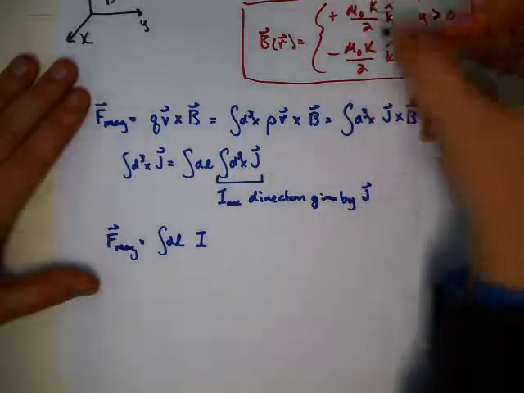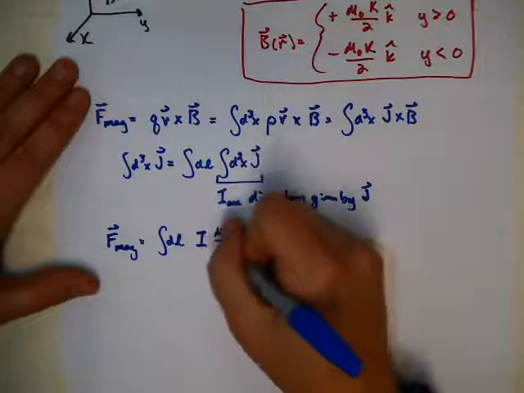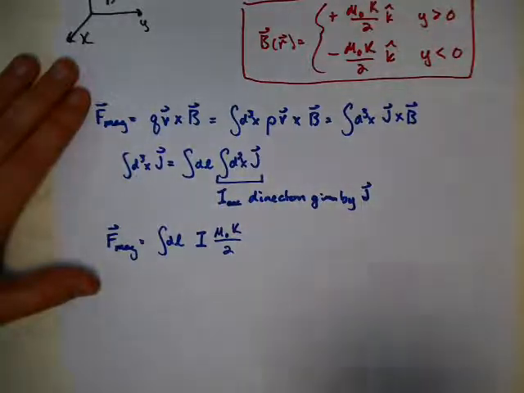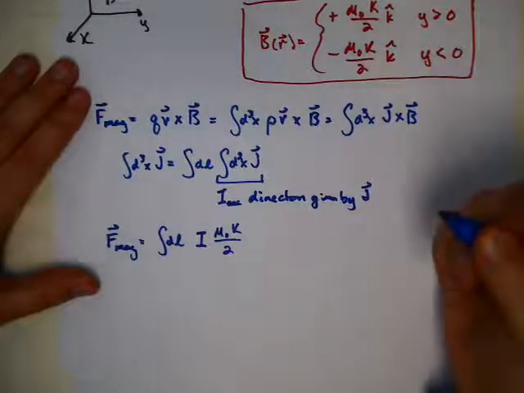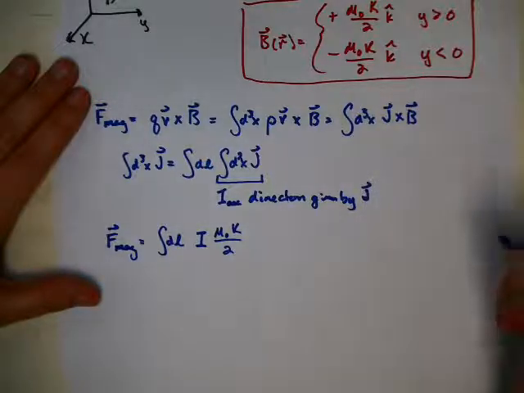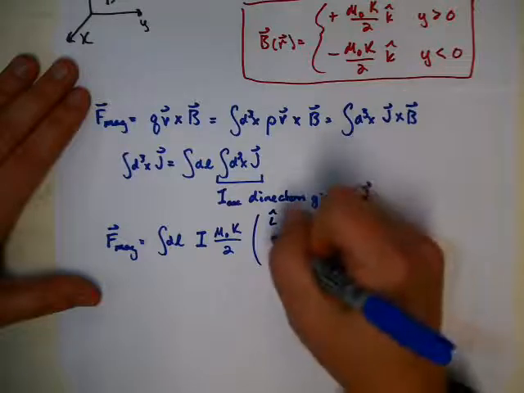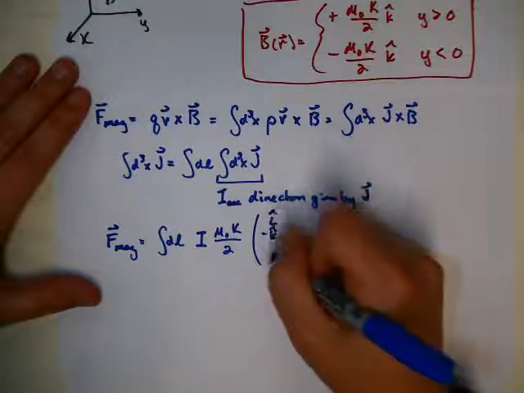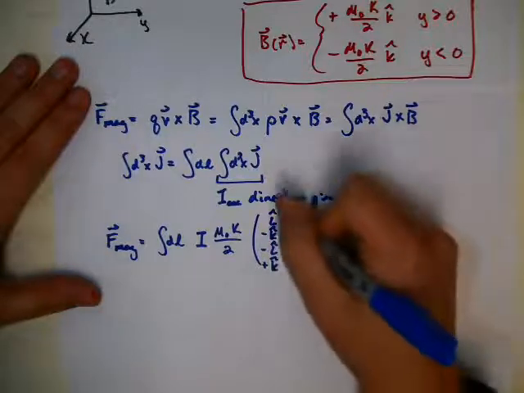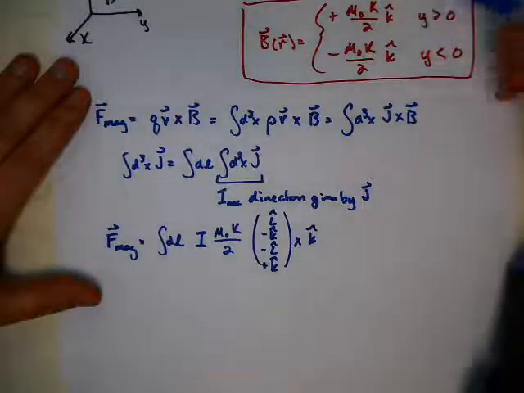I'm going to go ahead and write down my magnetic field. My magnetic field is always going to be mu naught K over 2, and then the directions I'm going to get out of this, I have 4 of them: i hat, minus k hat, minus i hat, and positive k hat. And these will all be crossed with the k hat vector from the magnetic field.